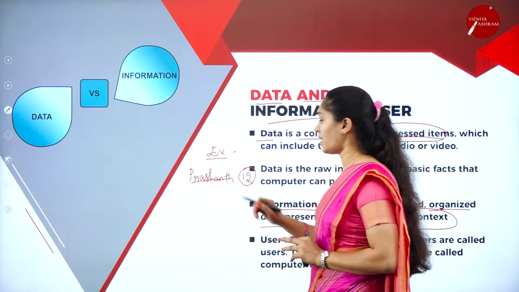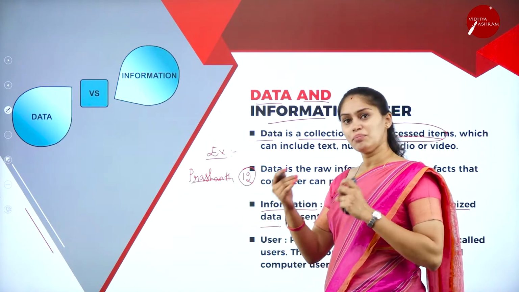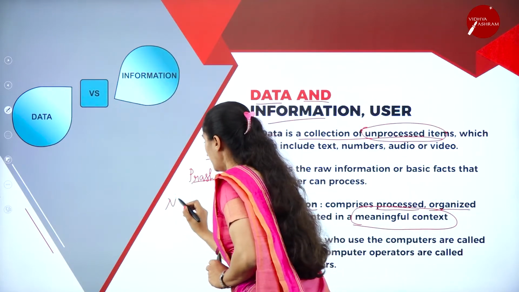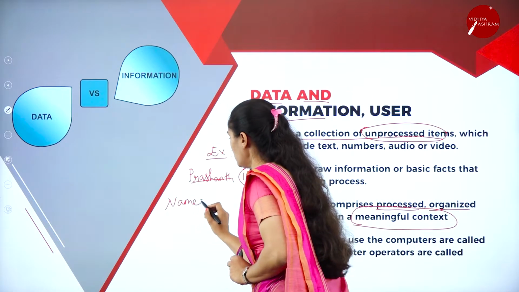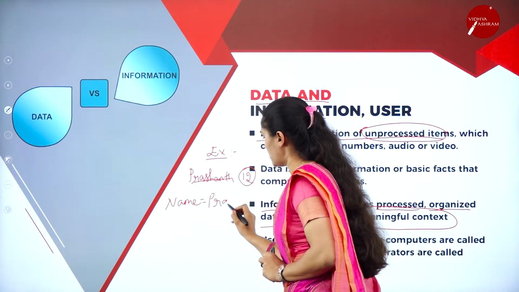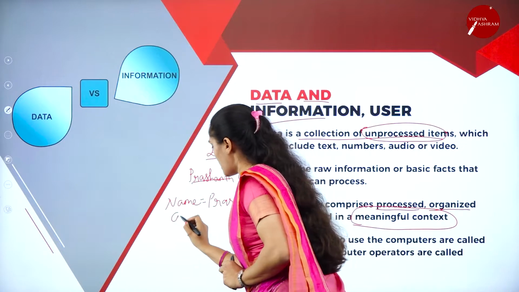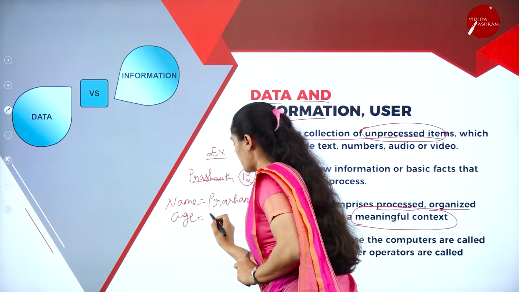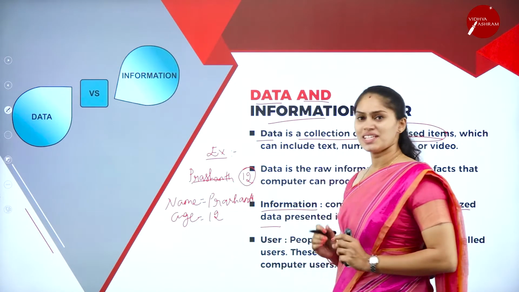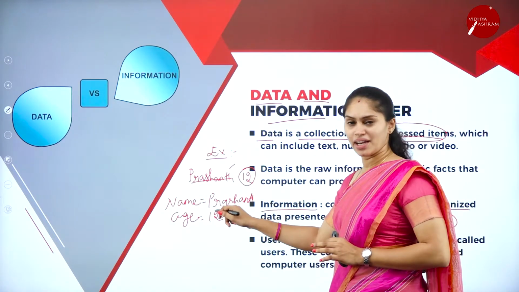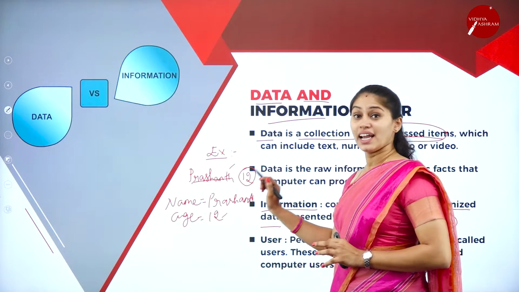This is nothing but data. It is in an unprocessed manner. It is a raw fact. Then I am going to write it like name is equal to Prashant, and then I am going to give its age as 12. So which has more meaning, this one or this one? It has more meaning. So I can call this information.